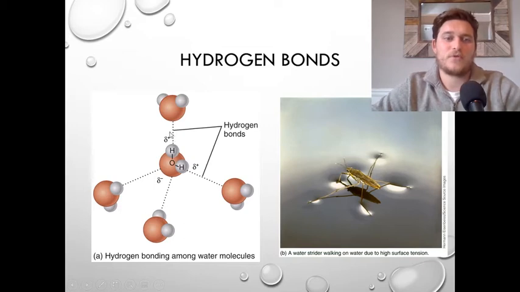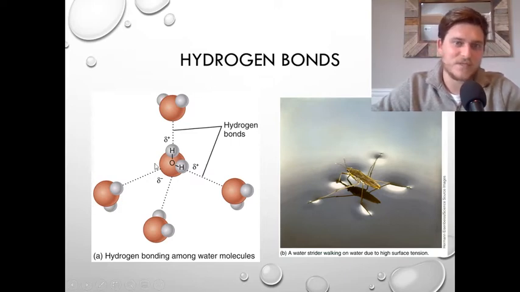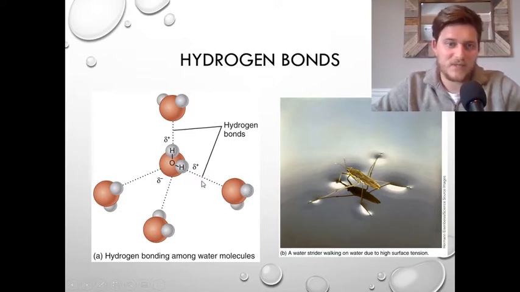These partial charges that are formed are going to allow this molecule to react with other nearby molecules. When these molecules contain hydrogens, these polar covalent bonds are then going to react with other molecules.